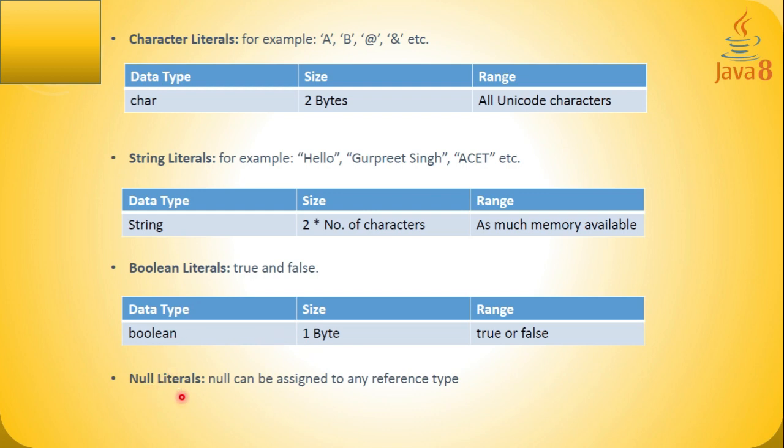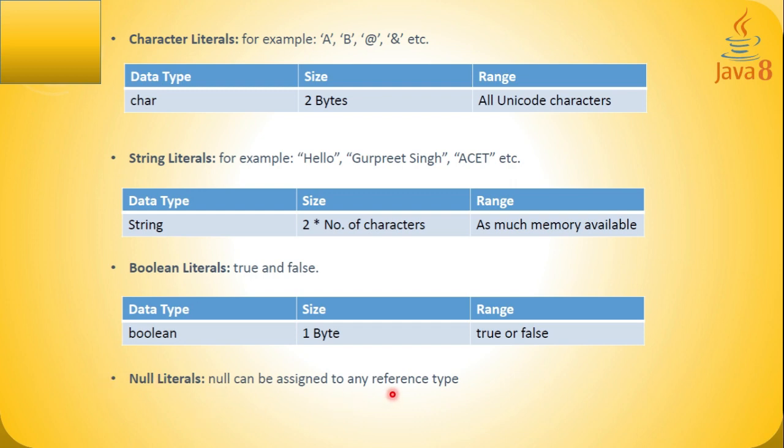Now null literal. Null literal means this is a literal, and that literal is null in lowercase. Don't write it in uppercase. When you write uppercase, it will generate an error.